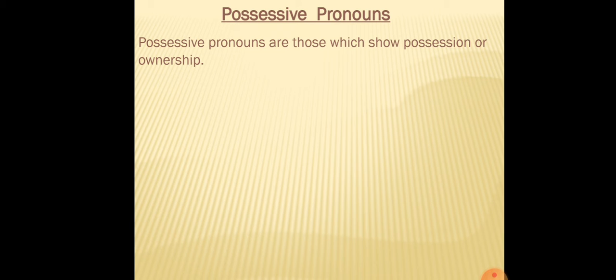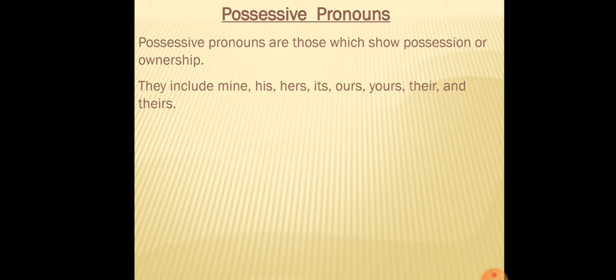Coming to the second type of pronouns, it is possessive pronouns. Possessive pronouns are those which show possession or ownership. They include words like mine, his, hers, its, ours, yours, their, and theirs.